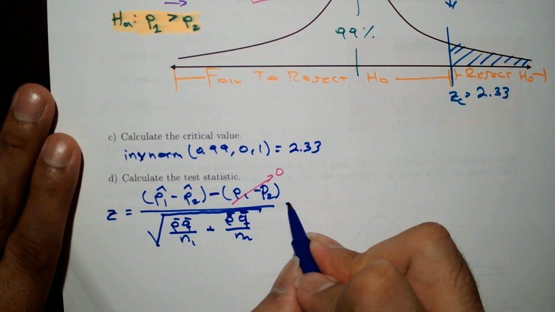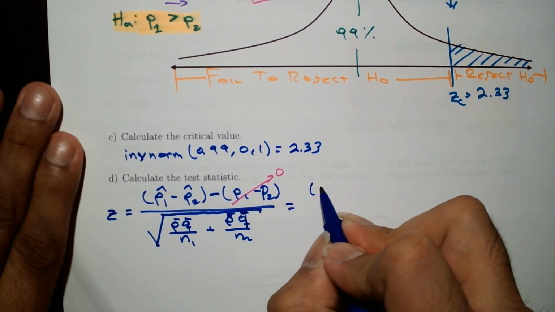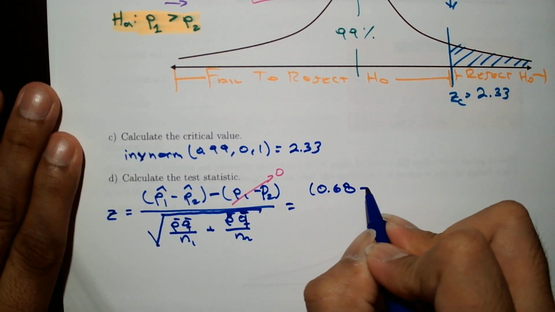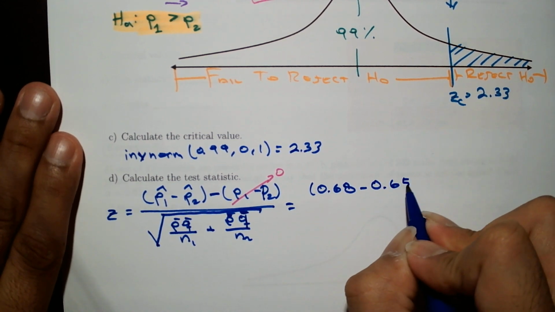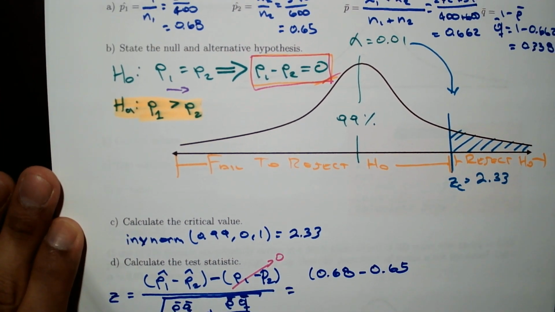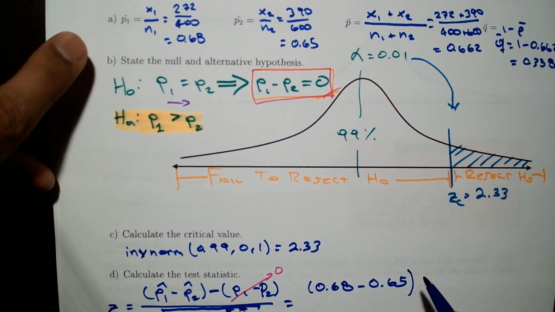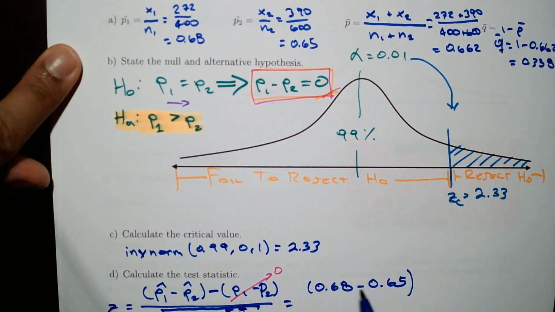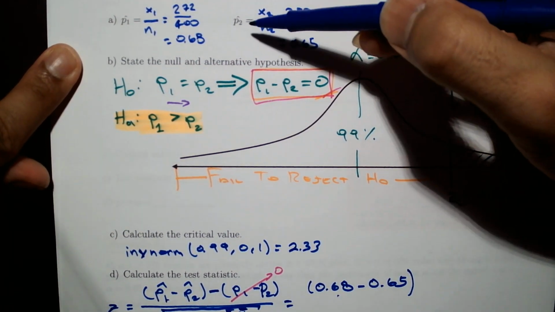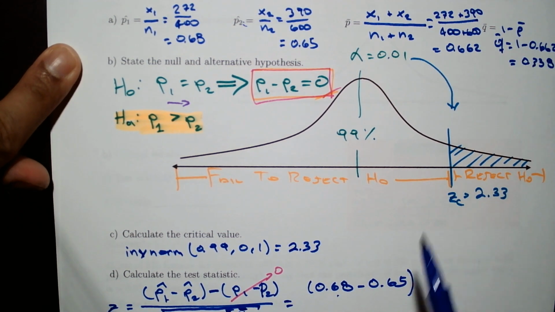And all we do is plug in numbers. So what are we going to write? 0.68 minus 0.65, which are our p1 hat and p2 hat.